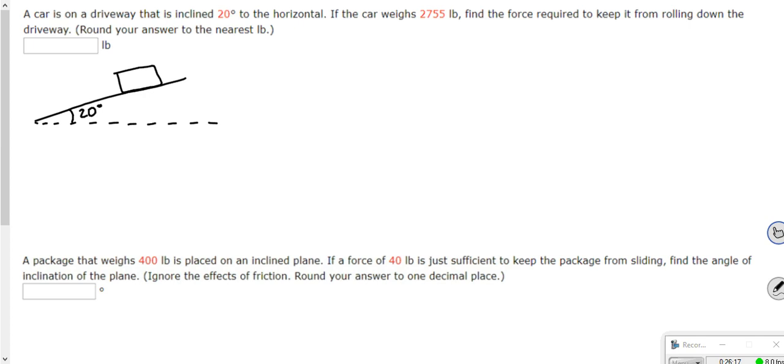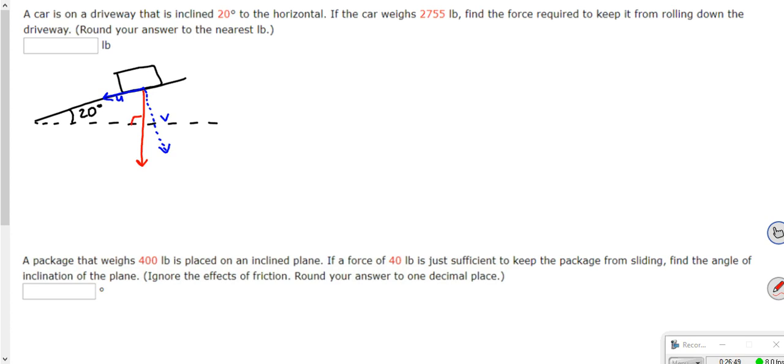So let me use some different colors here. This is what we would call the U vector. Perpendicular to that is what we would call the V vector. And then the W is the weight. That's our gravity. So here I have straight down, perpendicular to the horizontal ground.